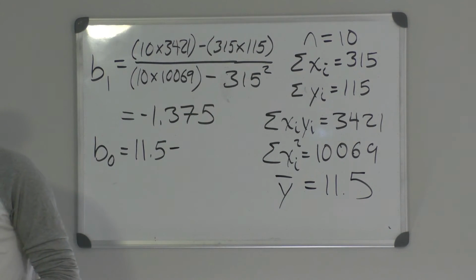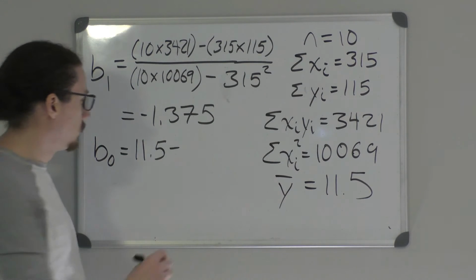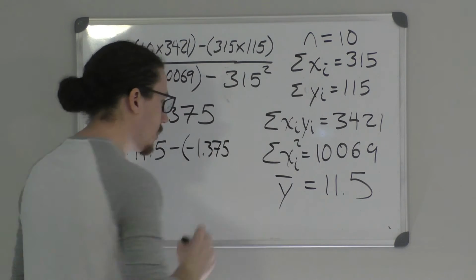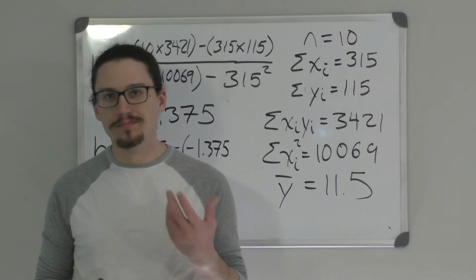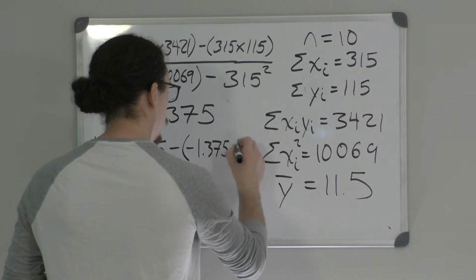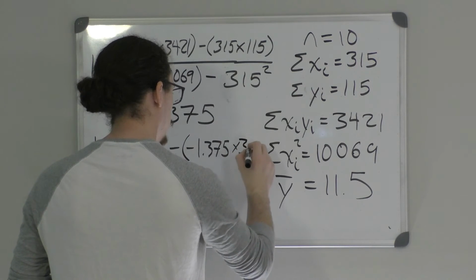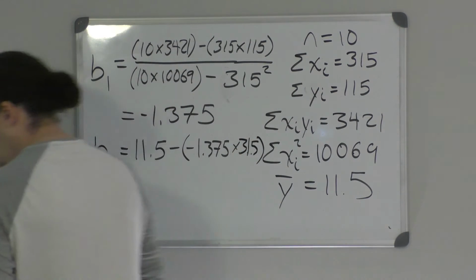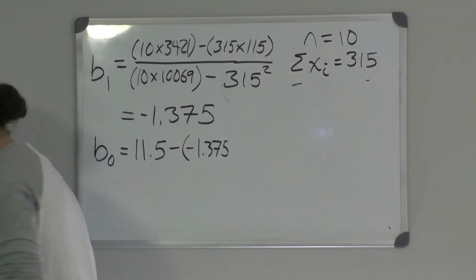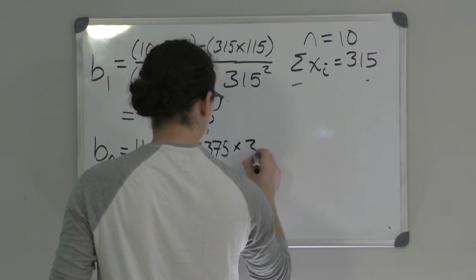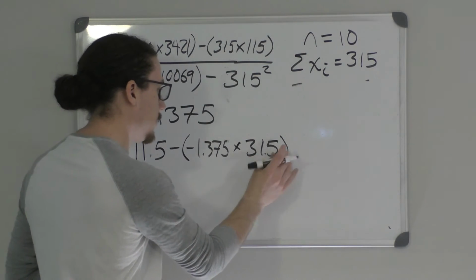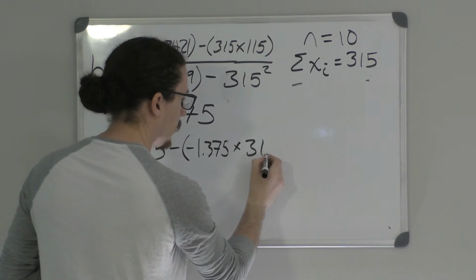We're going to subtract from that B1 times the mean of x. All right, so again, similar thing, so not 315, 31.5.